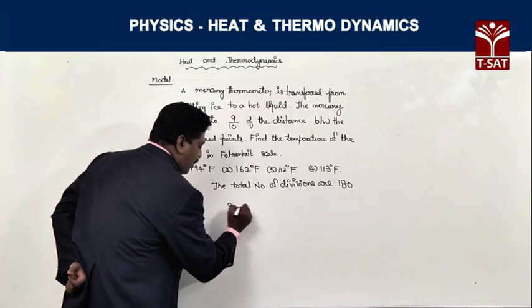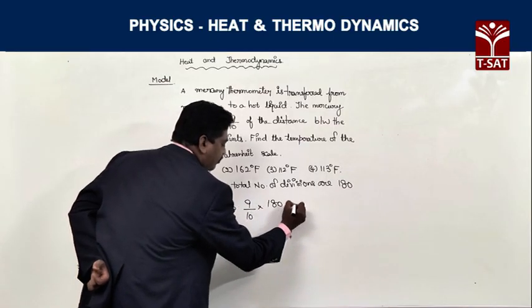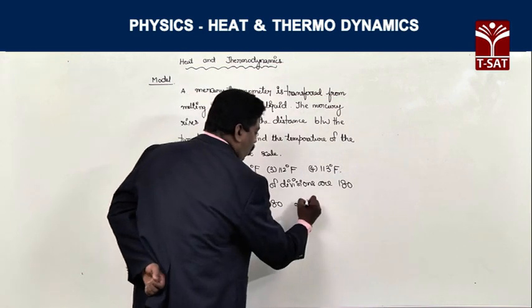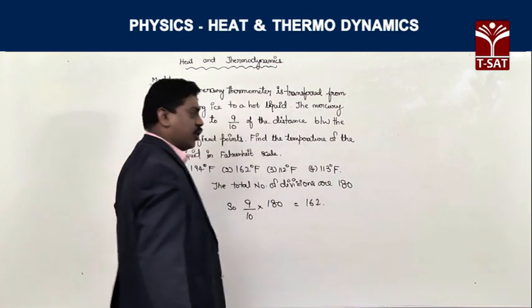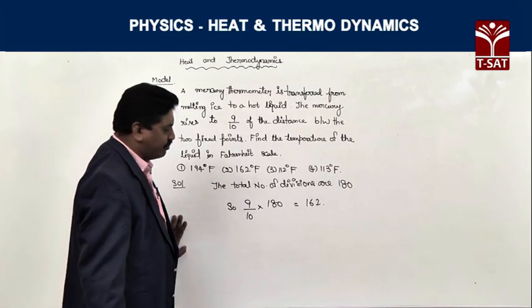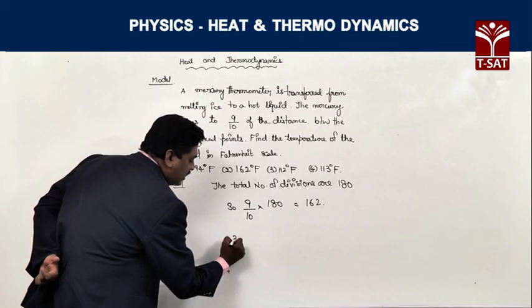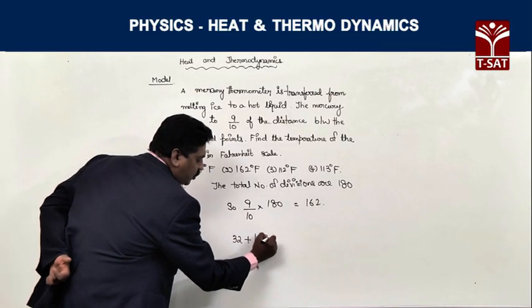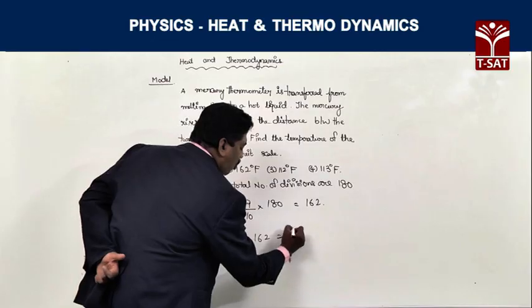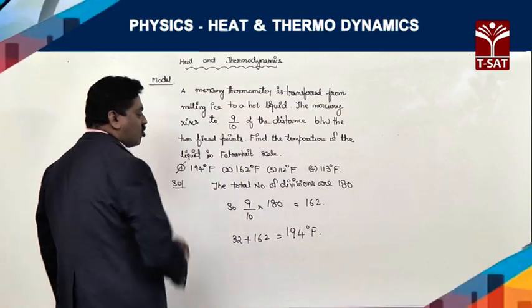So, 9 by 10 of 180 divisions is 162. But we know that the Fahrenheit scale starts from 32 onwards. Therefore, our solution will be 32 plus 162, which is 194 degrees Fahrenheit, which is our first option.